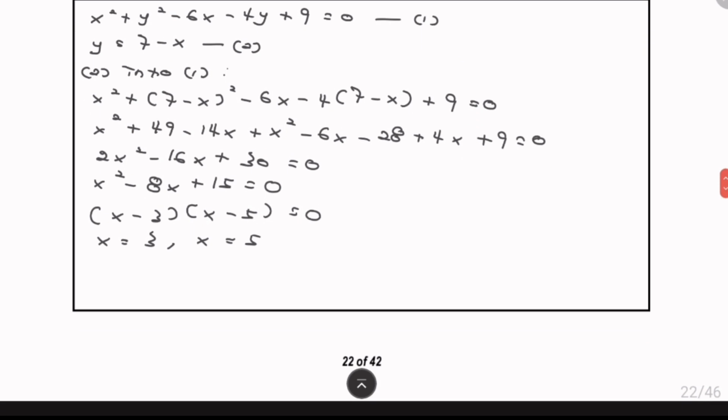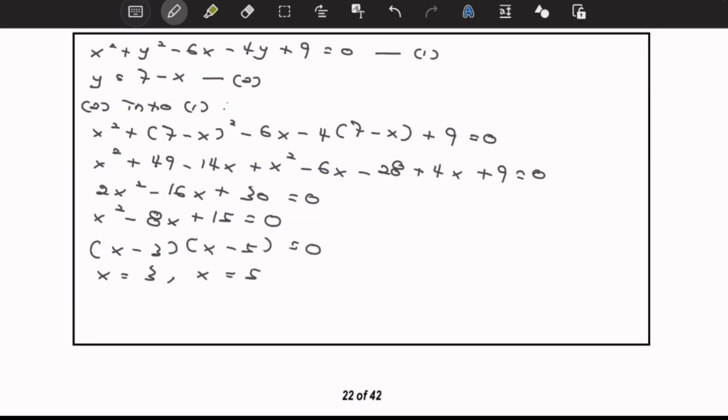Okay, so now I'm going to substitute these values into equation 2. When x equals 3, y equals 7 minus 3, I get 4. The other one, when x equals 5, y equals 7 minus 5, so I get 2.